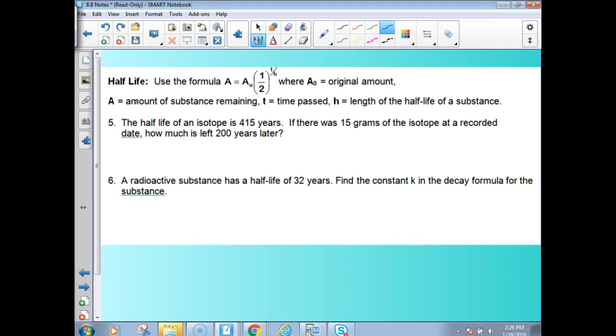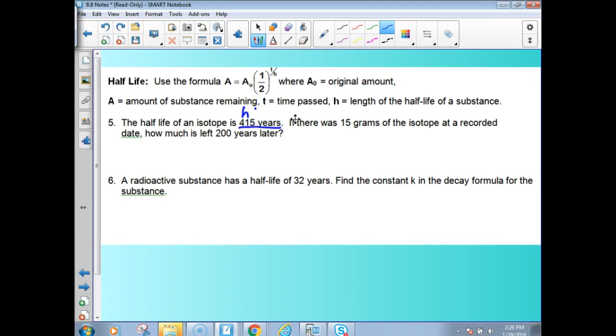Let's go on. A is the amount of substance remaining, T is the time that's passed, and H is the length of the half-life of the substance. The half-life of an isotope is 415 years. That's the length of the half-life, so that would be our H. You might want to think time because it says years, but that's the half-life.